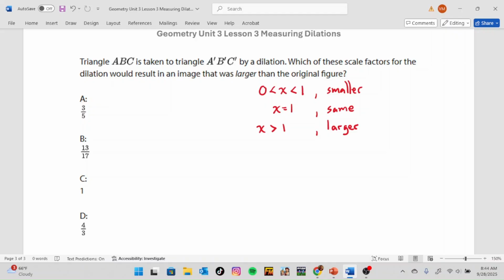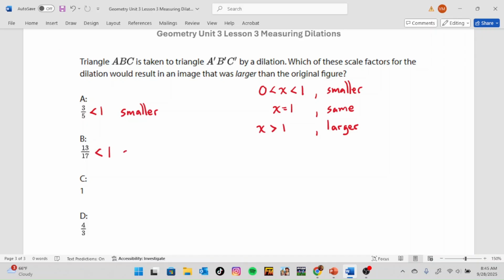So if we look at A, 3/5 is less than 1. Because it's less than 1, this is going to get smaller. If we look at B, 13/7 is smaller than 1.